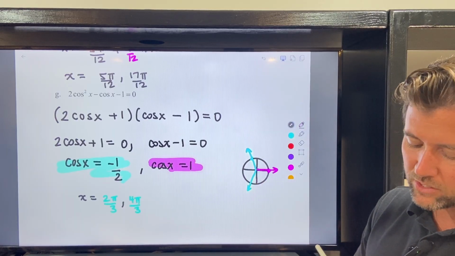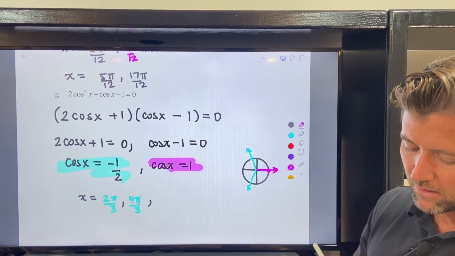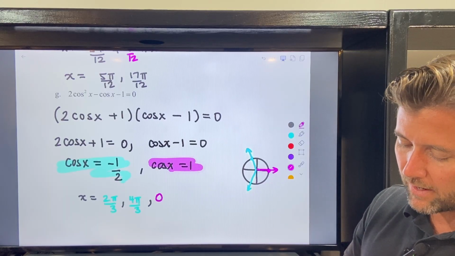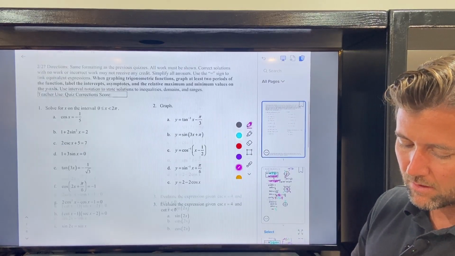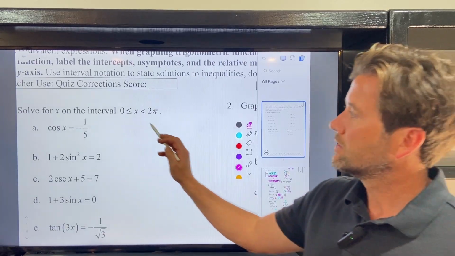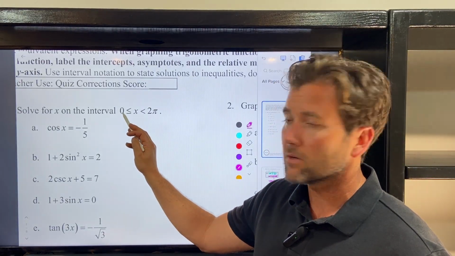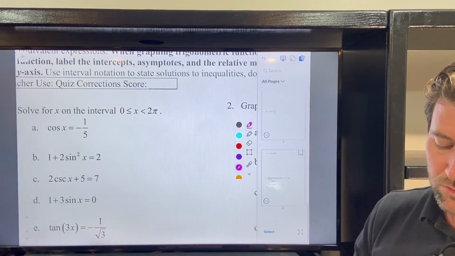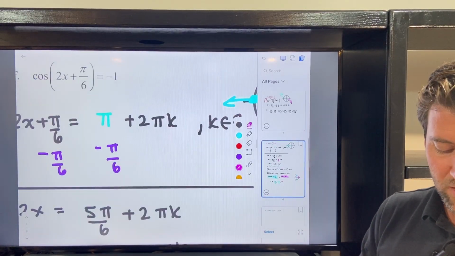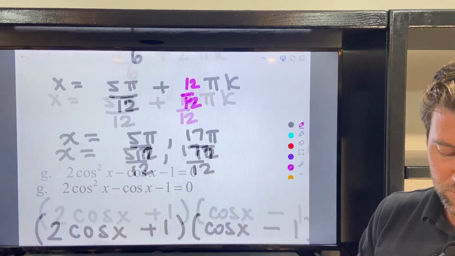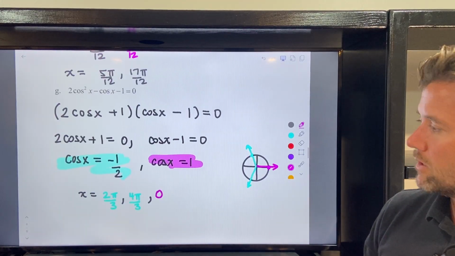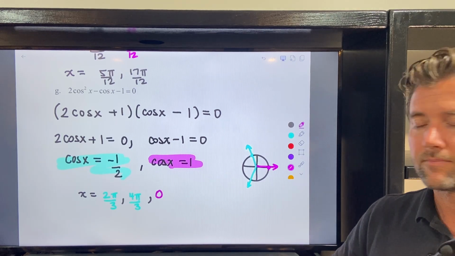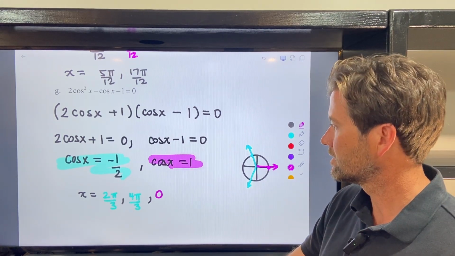But remember, the directions did not have an equal to sign on the 2 pi. X can equal 0, but x has to be less than 2 pi. So I do not want to include 2 pi for these solutions. I'll only include 0. Alrighty.